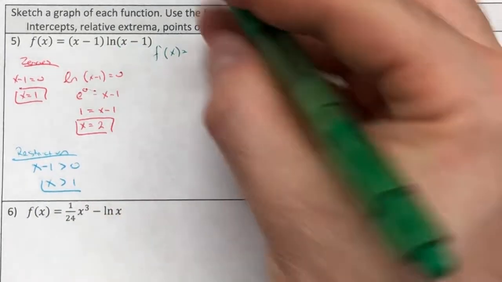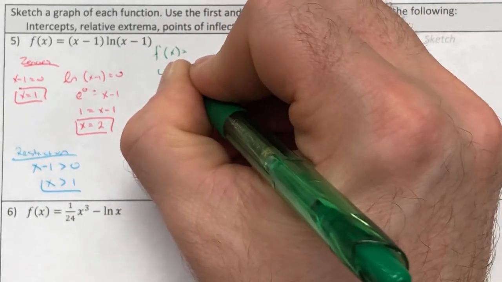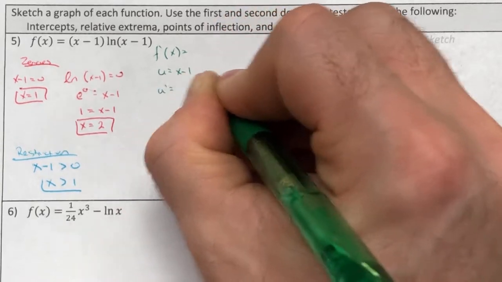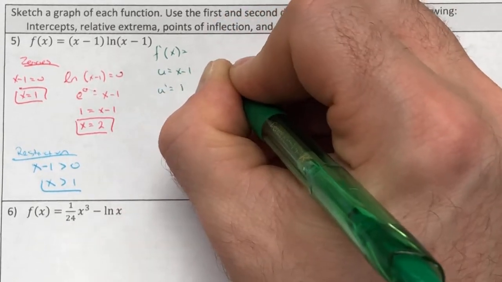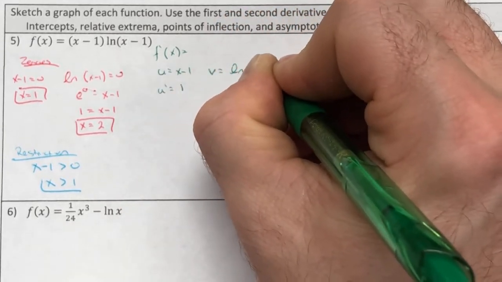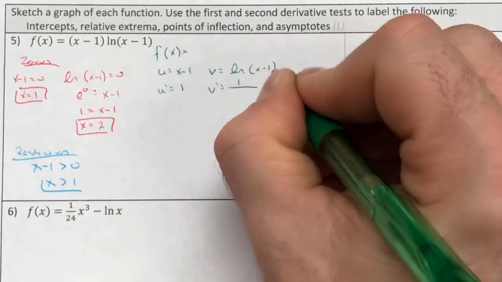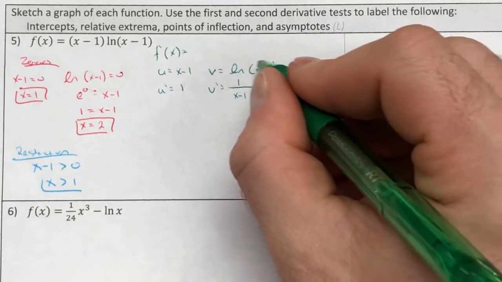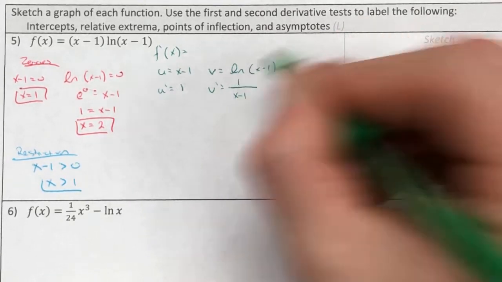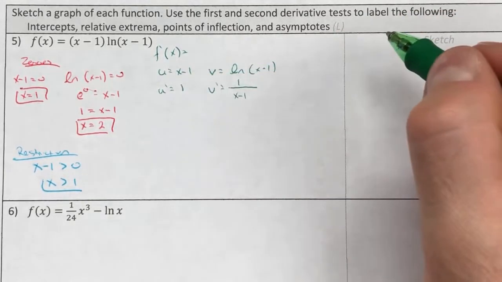So it looks like I've got a product rule going on here. So if u is x minus 1, u prime is 1. If v is the natural log of x minus 1, v prime is going to be 1 over x minus 1 times the derivative of this, which is just going to be 1, so that's it.